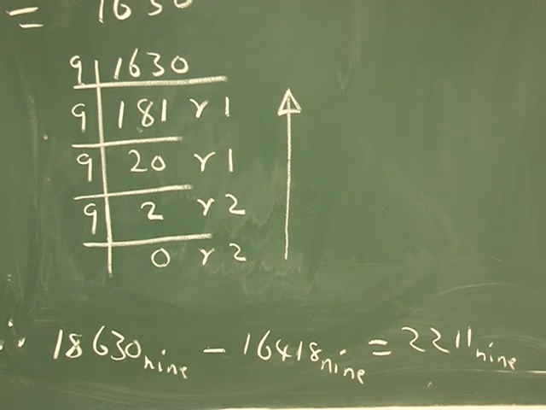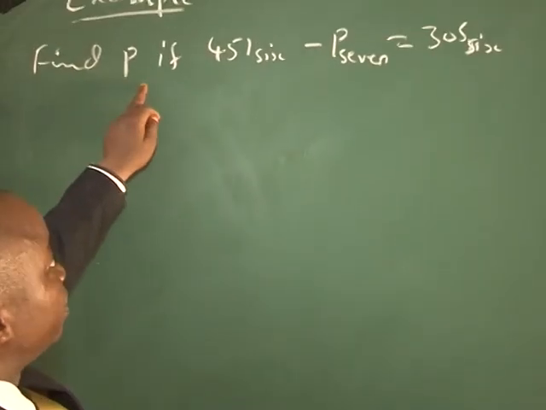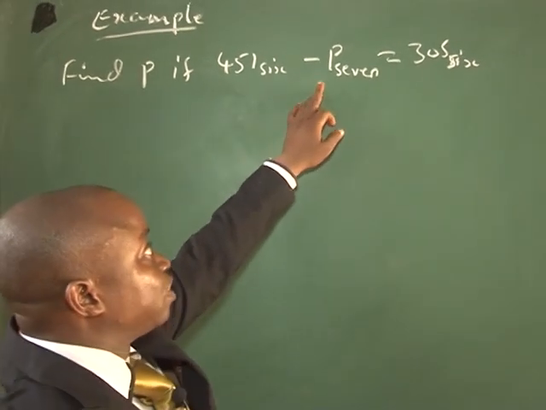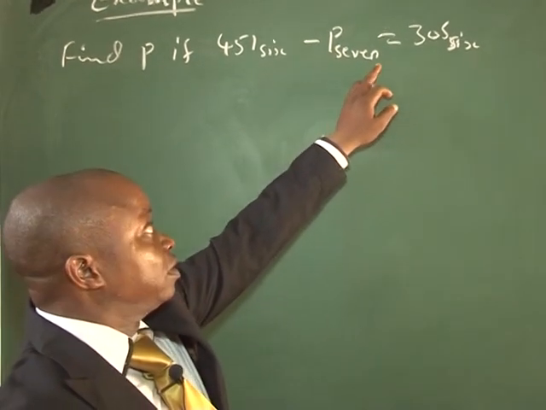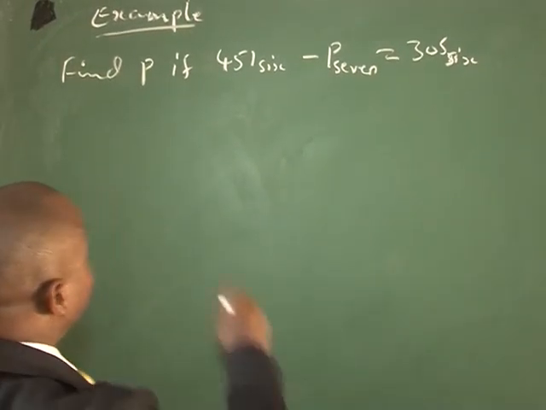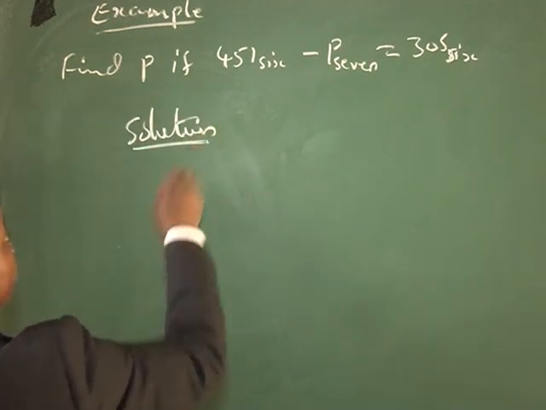And let's look at another example. Find P if 451 in base 6 minus P in base 7 equals 305 in base 6. So the solution will be in this form.